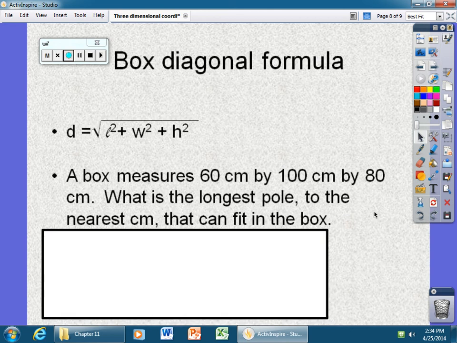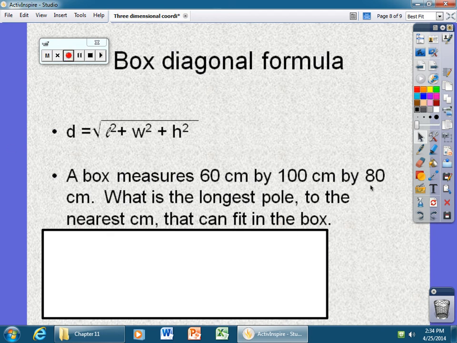There is something called the box diagonal formula that is based on the three-dimensional coordinate plane distance formula, except instead of having to do the subtraction, you just do length squared plus width squared plus height squared. And again, since we're talking in 3 dimensions, a box has 3 dimensions. And then this is asking you, well, what's the longest pole that I can put into the box?